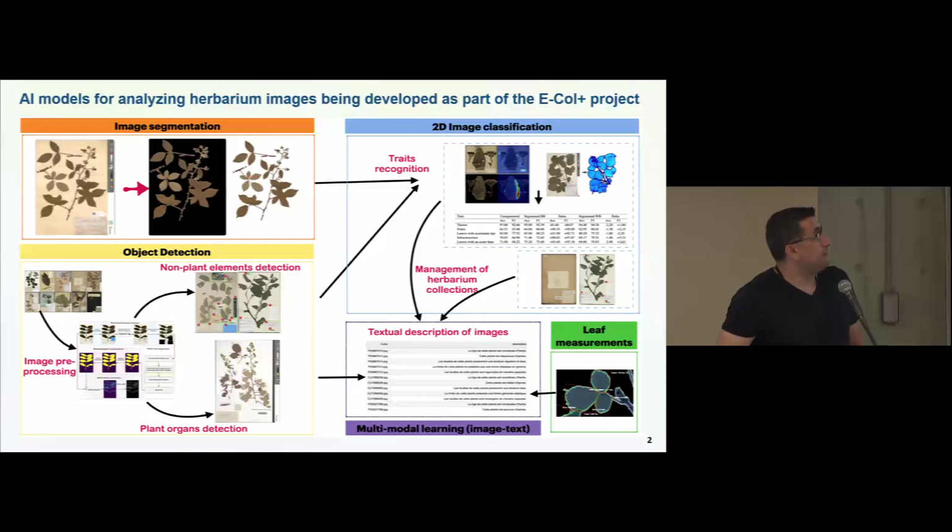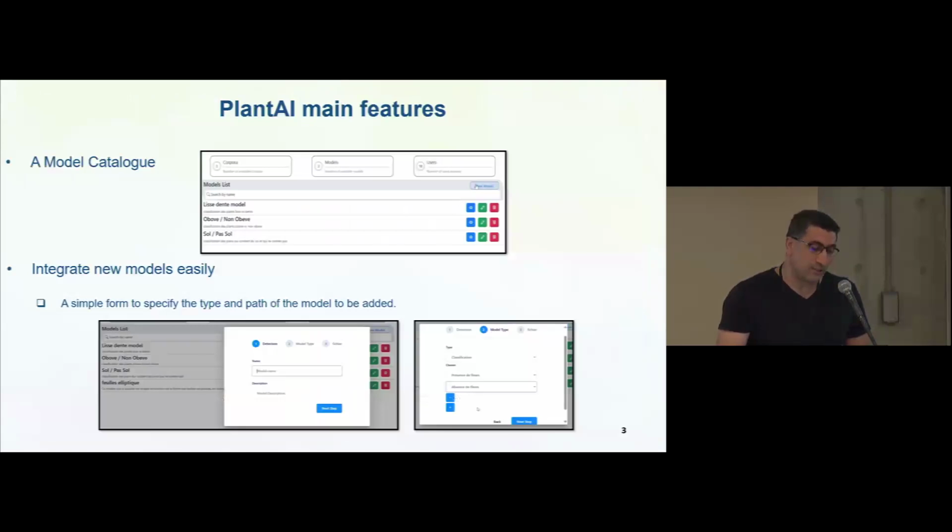But we noticed that using these models by experts who are not familiar with AI environments is not easy. So to make it easy, we came up with the idea of developing this platform, which has some features that I will show you in the next slides.